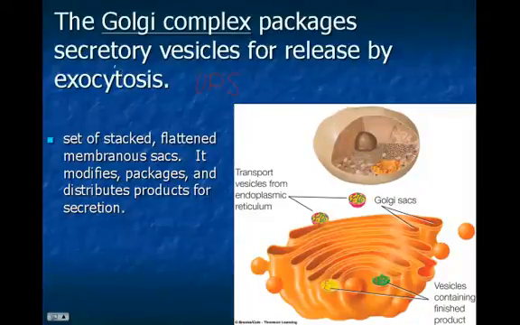So it's going to package up materials in what we call secretory vesicles, and you're going to see those here. Vesicles containing certain products, especially proteins, that are going to be secreted and then ultimately released by the cell to the outside of the cell.